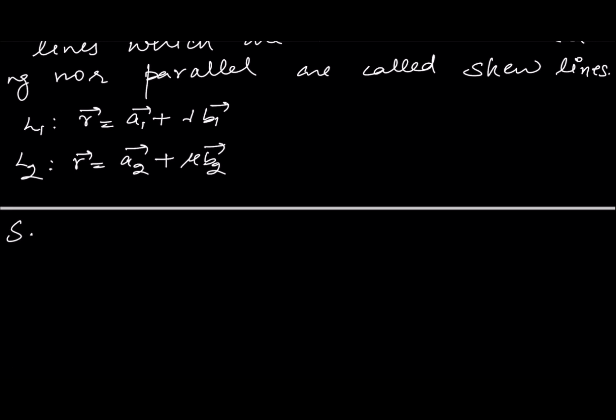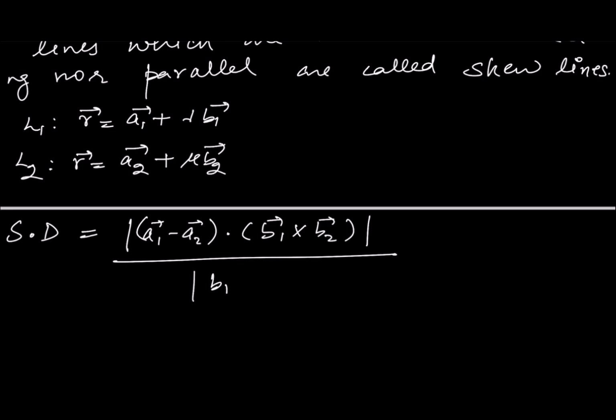Then shortest distance or distance between these skew lines is equal to mod of a1 minus a2 dot b1 cross b2 upon modulus of b1 cross b2, where b1 is the vector parallel to the line L1 and b2 is the vector parallel to the line L2, and a1, a2 are the position vectors of the points through which line L1 and L2 are passing.